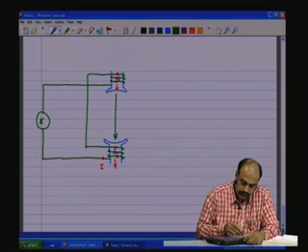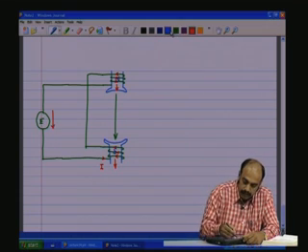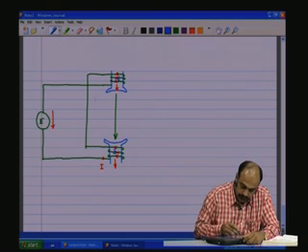So, now this source sees an inductive reactance because of the coil, and this is going to pump a current in this direction as shown.